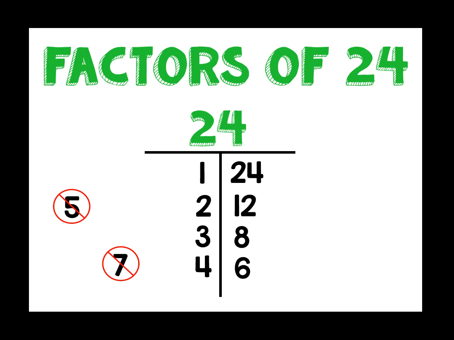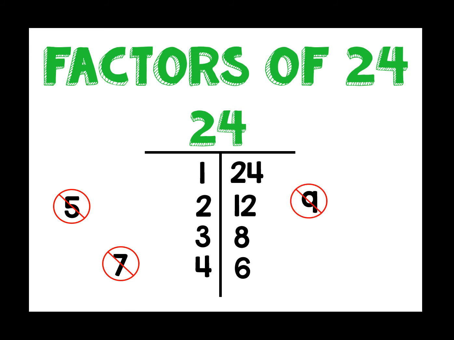When I skip count by 7, 7, 14, 21, 28, the number 24 is not a product of 7. 8 is a factor, but again, we already have it, so we do not need to list it again.